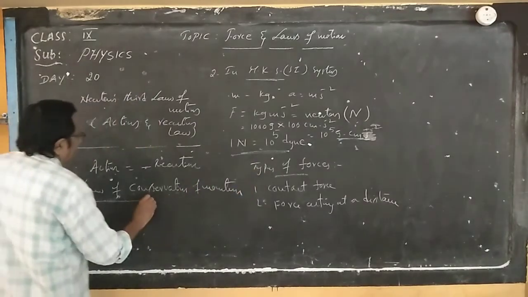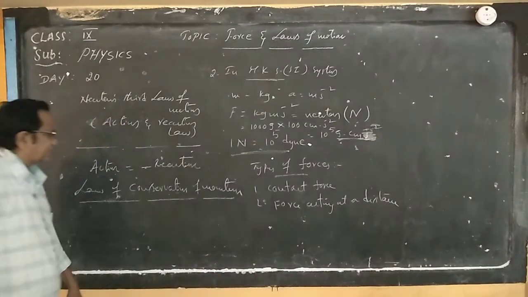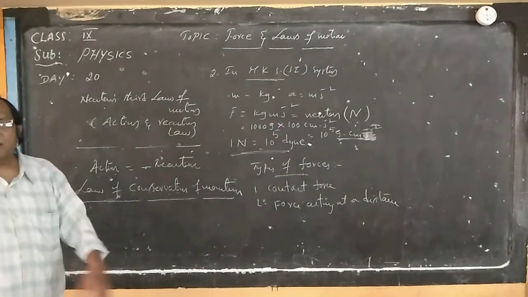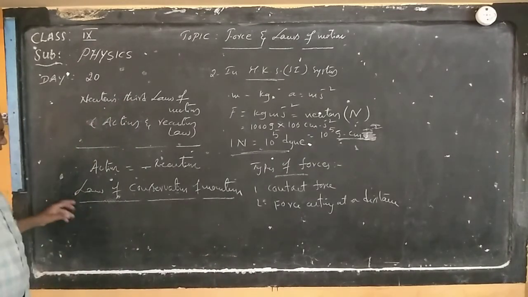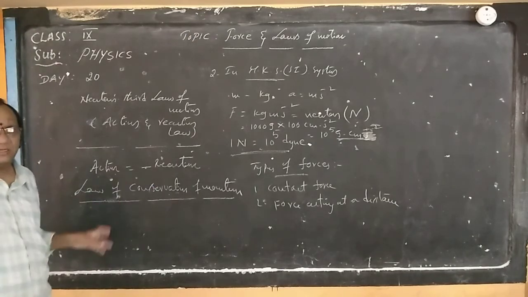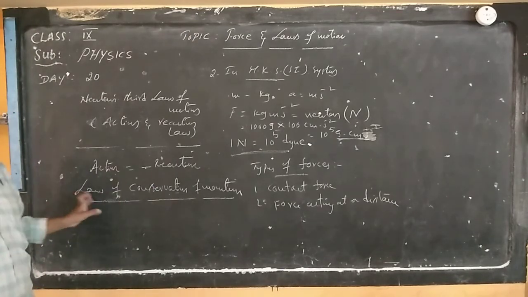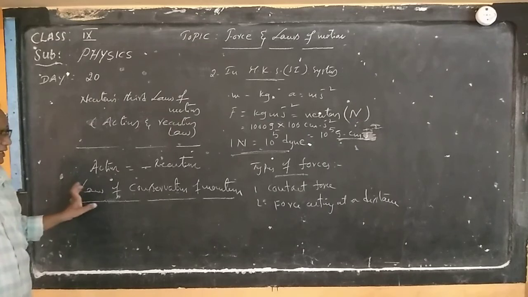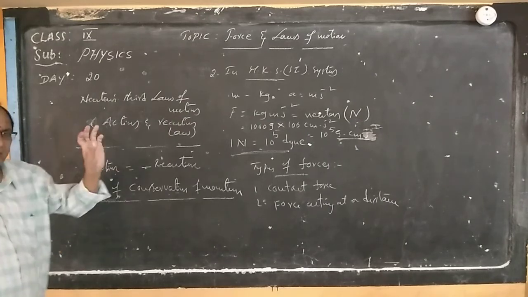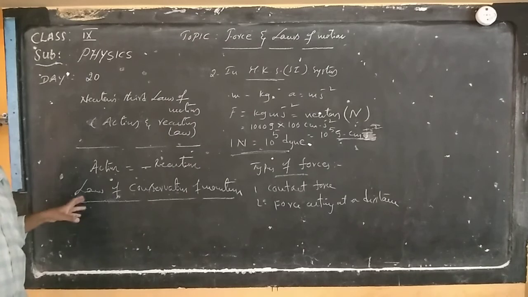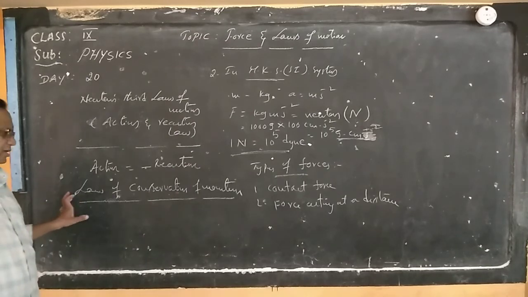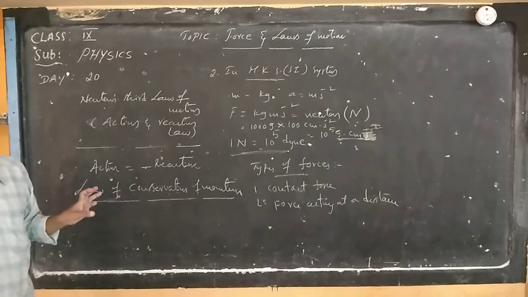This applies on the third law of motion. So by that we can consider the law of conservation of momentum. Remember that this is a very important law. By this action and reaction, after knowing these forces, we can apply this law of conservation of momentum.